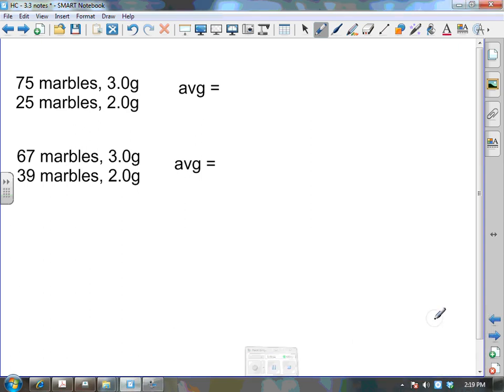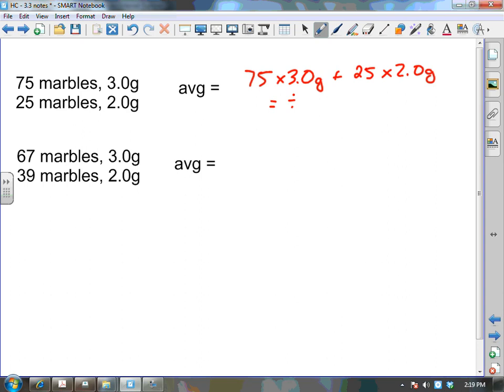Okay, what your calculation would have been is something very similar to this. You said 75 times 3.0 grams plus 25 times 2.0 grams equals whatever our total is.